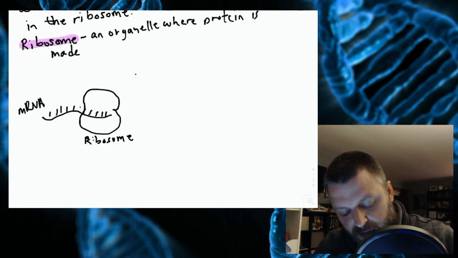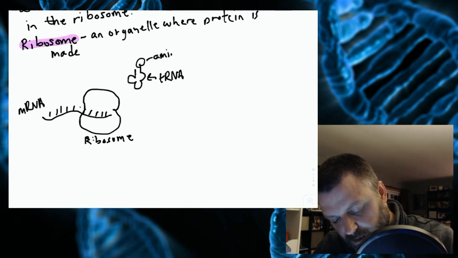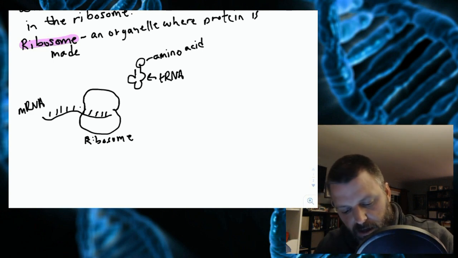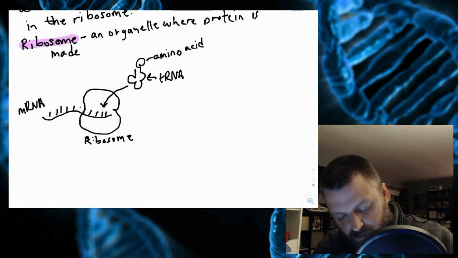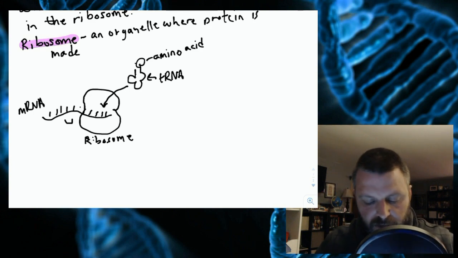Then at that point, what happens is you get a molecule of tRNA. And that molecule of tRNA has an amino acid attached to it. So what happens is the tRNA comes in and it attaches itself to the mRNA, and then it drops off the amino acid, and then the whole sequence of mRNA moves over a little bit and it drops off the next amino acid.